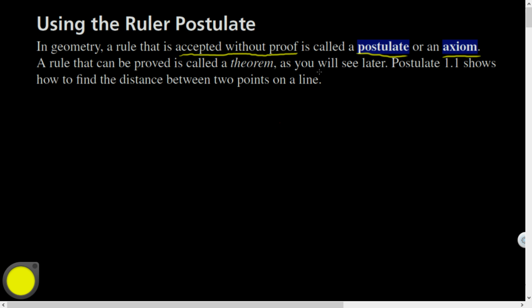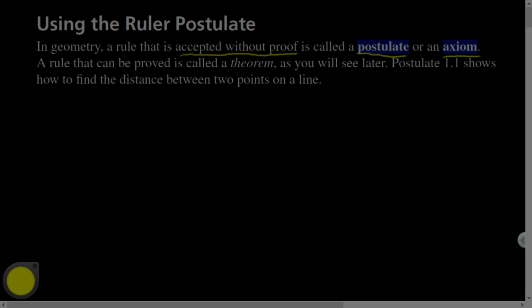Ooh, foreshadowing. You guys are going to hate theorems and then love theorems. I might have lied about the last part. So anyways, Postulate 1.1 shows how to find the distance between 2 points on a line.